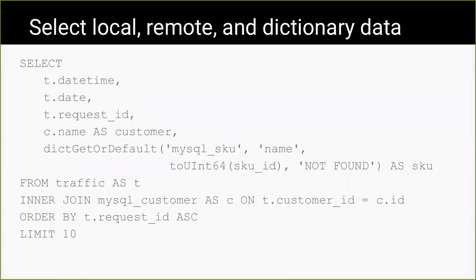So this example rolls together a number of the different ways that you can connect to MySQL. So you now have these tools that you can use to access the MySQL data in whatever way is most convenient for you.